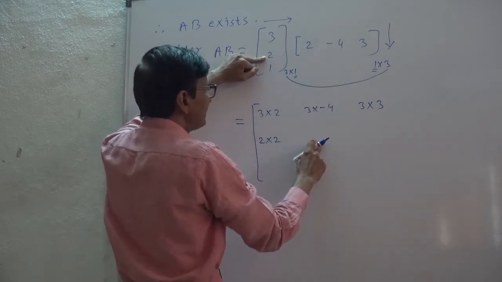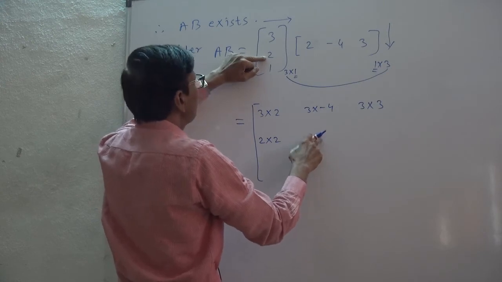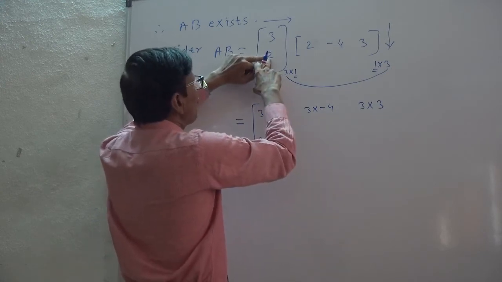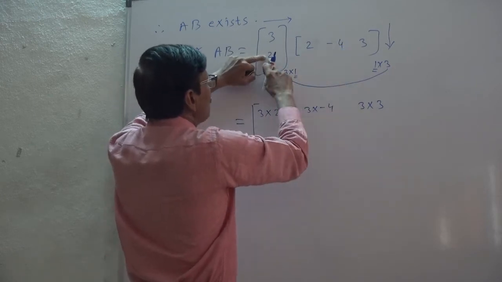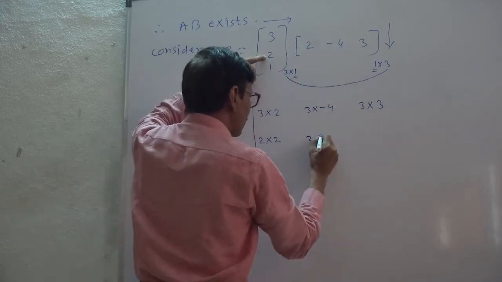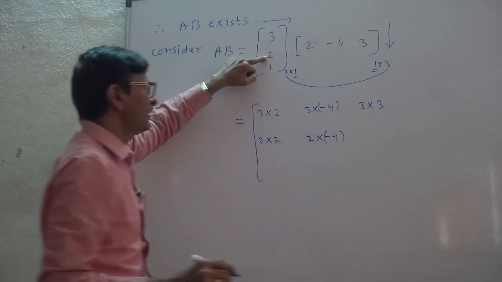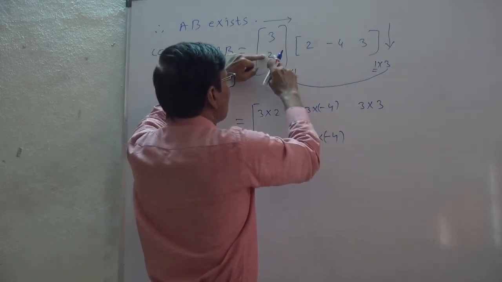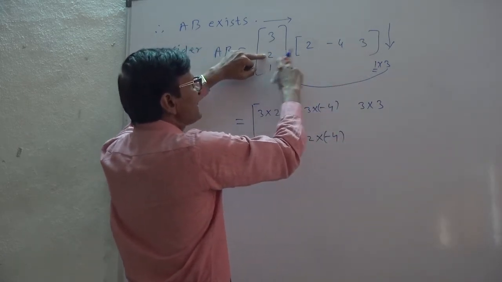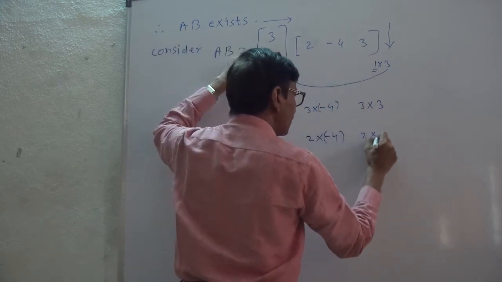To find the value of this element, we consider the second row of A and the second column of B. So 2 multiplied by minus 4. The next element lies in second row, third column, keeping the row as it is, changing the column. Now 2 multiplied by 3.